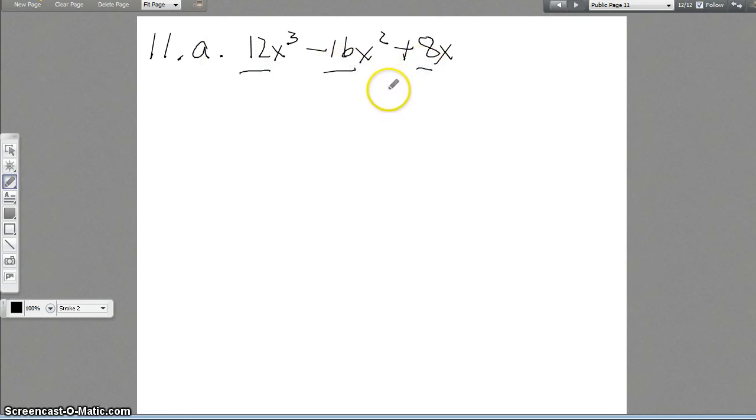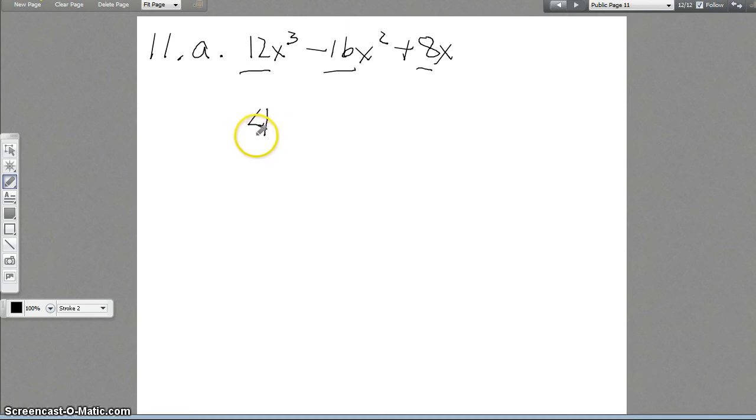So 2 is a common term, but 4 is also a common term. So we have 4 times 3 makes 12, 4 times 4 makes 16, and 4 times 2 makes 8. There are no more common factors in our coefficients, so 4 is the greatest common factor for our coefficients. Now we look at our variables.